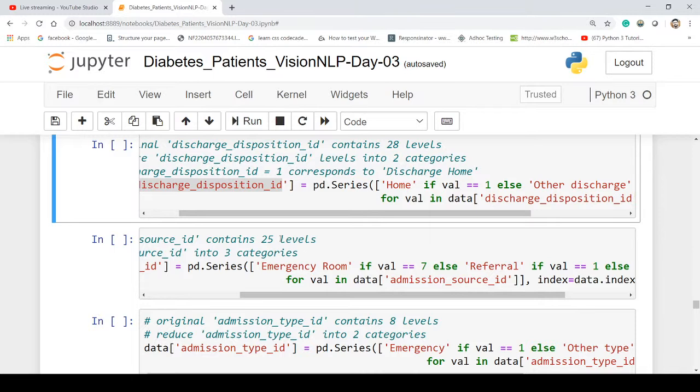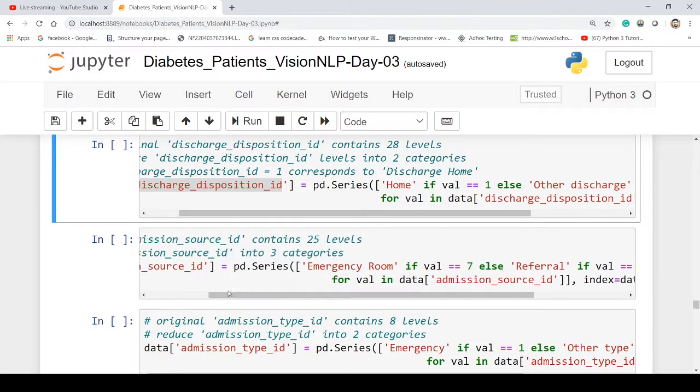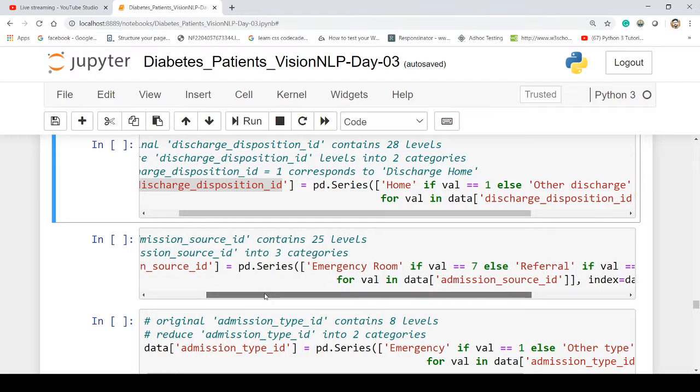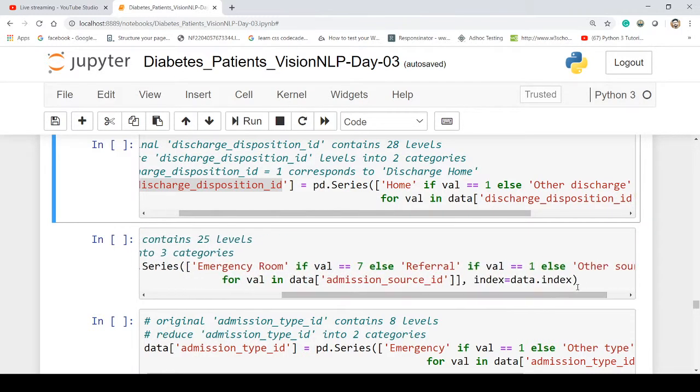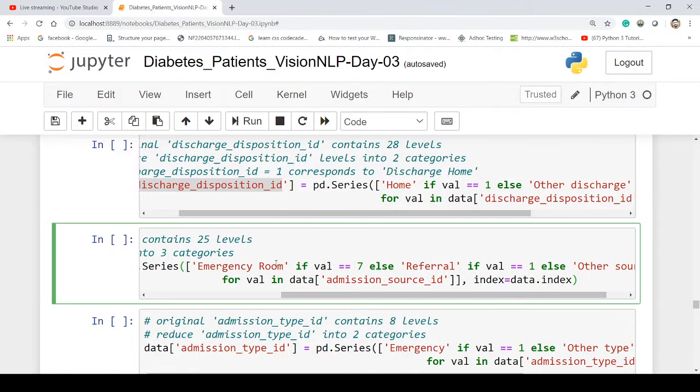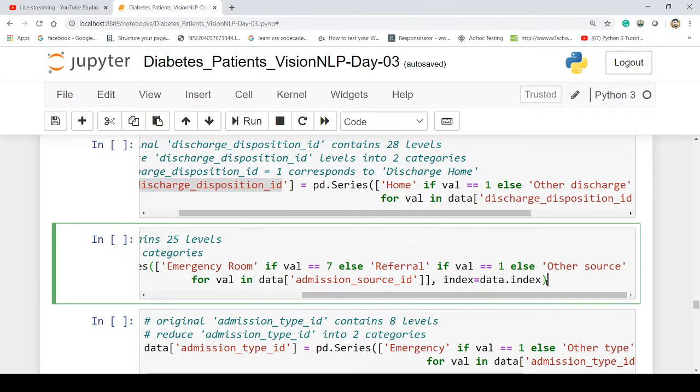It has around 25 levels, but we are categorizing them into 3 categories. The fewer categories we have, the easier it is for me to do some analysis. So that is why I'm creating a loop here. Emergency room if value equals 7, else referral, else other source, like this.